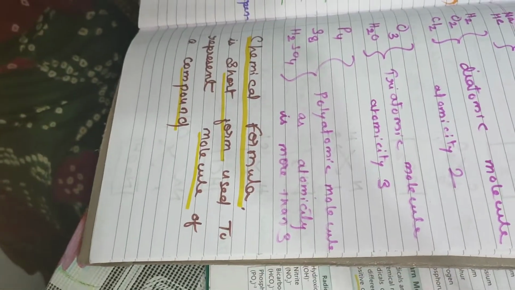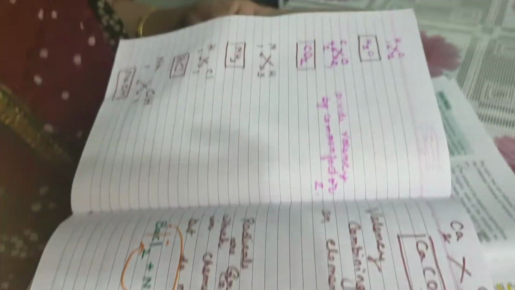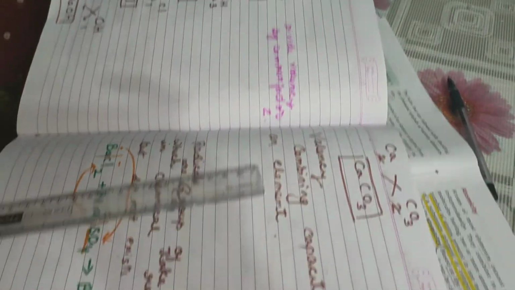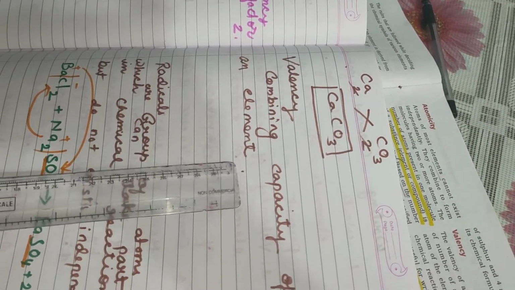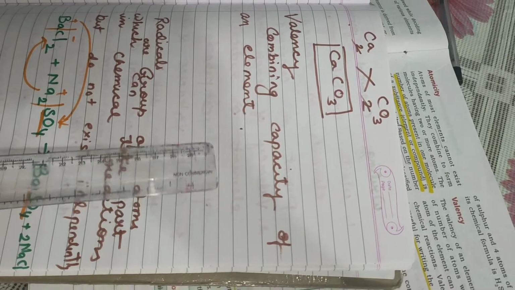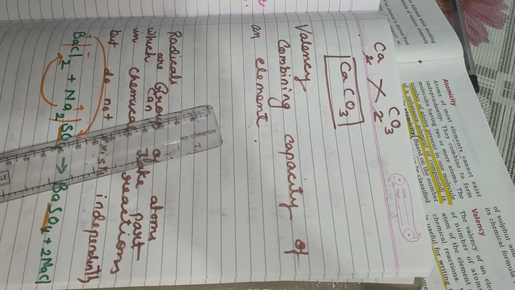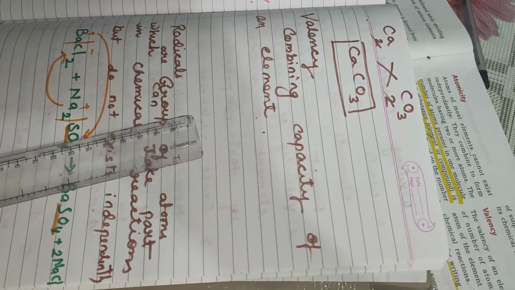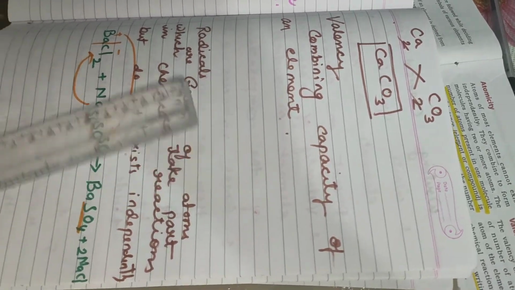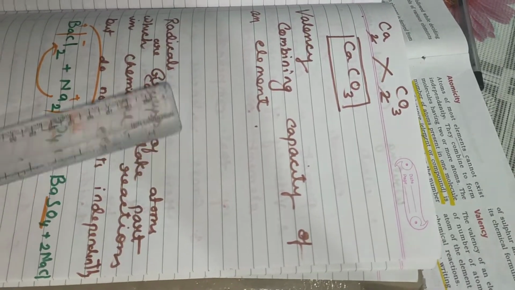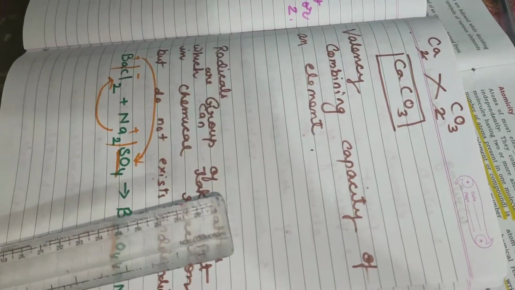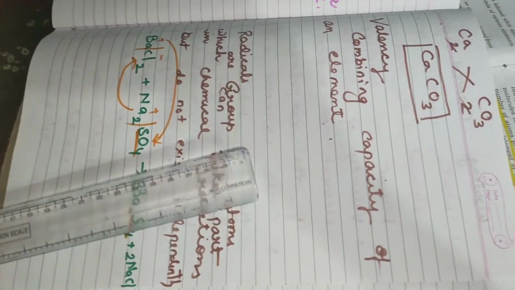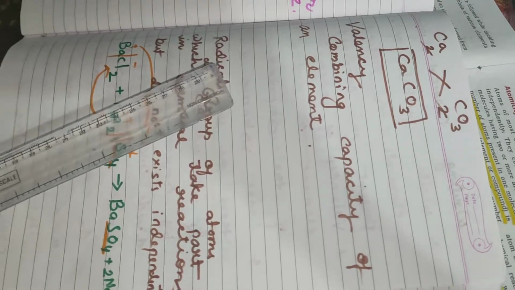Now we are going to see the next topic, that is valency. Valency is the combining capacity of an element. As you know that we have two hands, our combining capacity, that is our valency, is 2, because from one hand we can hold one person and from the second hand we can hold the second person.